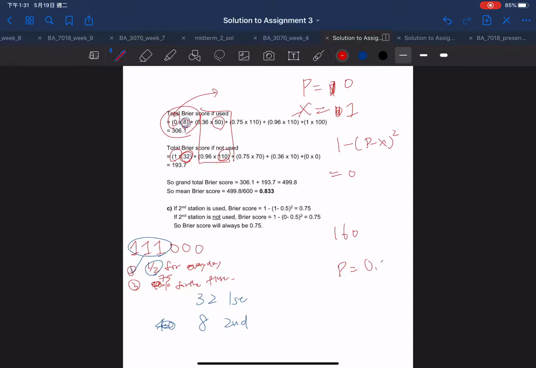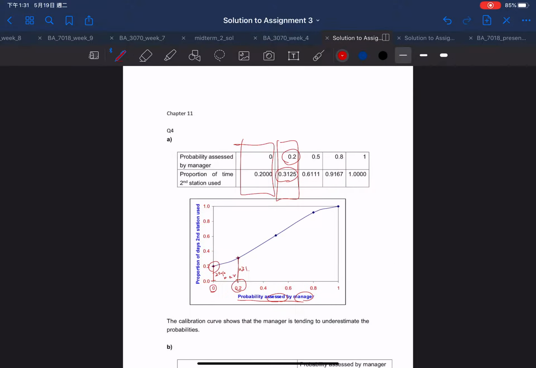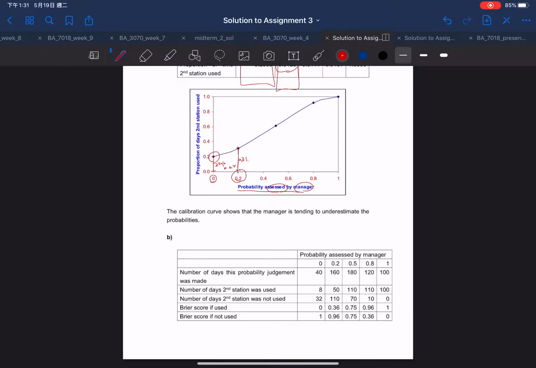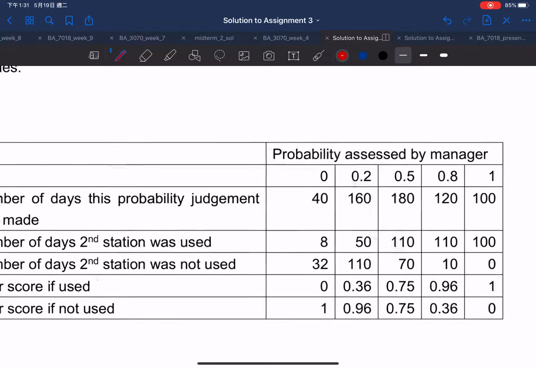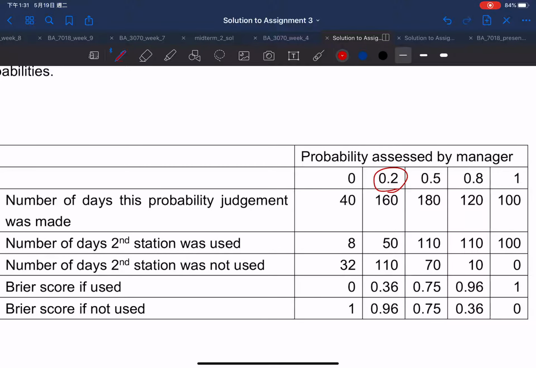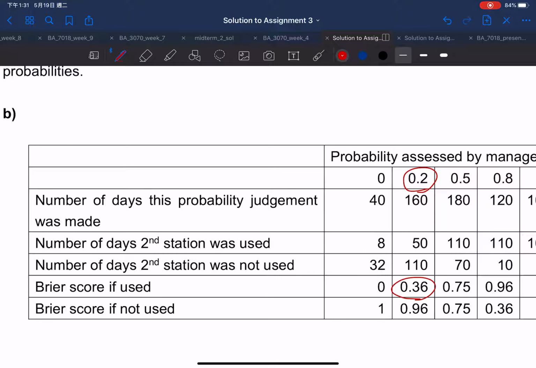So P is 0.2. And when P is 0.2, the Brier score, if used, is going to be 0.36. Can someone tell me how I calculate this 0.36? So the Brier score is 0.36.